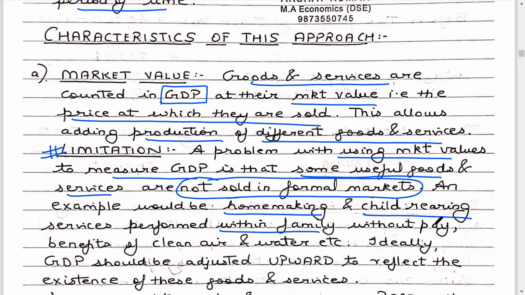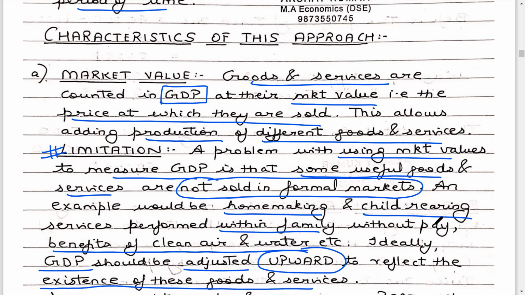Okay, benefits of clean air and water. Now during the pandemic phase, we realized what are the benefits of clean air and water. Again, there is no market for clean air, there is no price for clean air. So ideally the GDP should be adjusted upwards to reflect the existence of these goods and services.